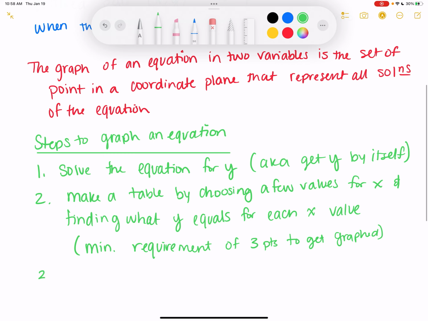Then the next step is that we plot the points. The table will produce an XY value for you. So we plot the points, and lastly we connect the points by drawing a straight line through them.